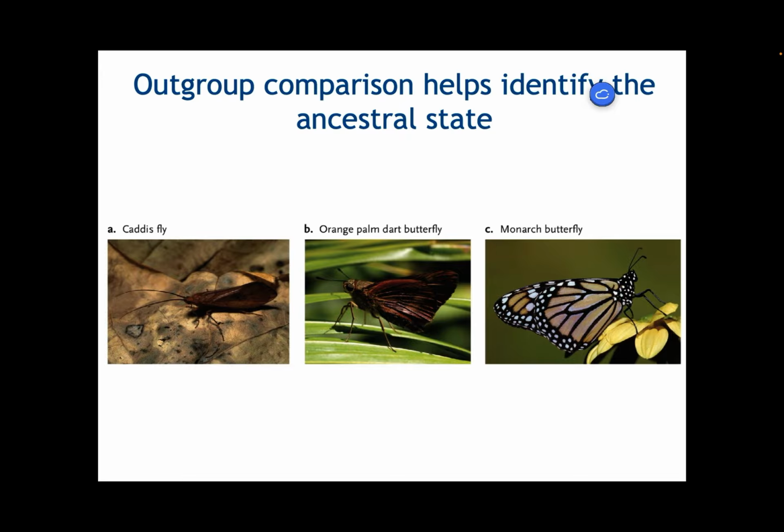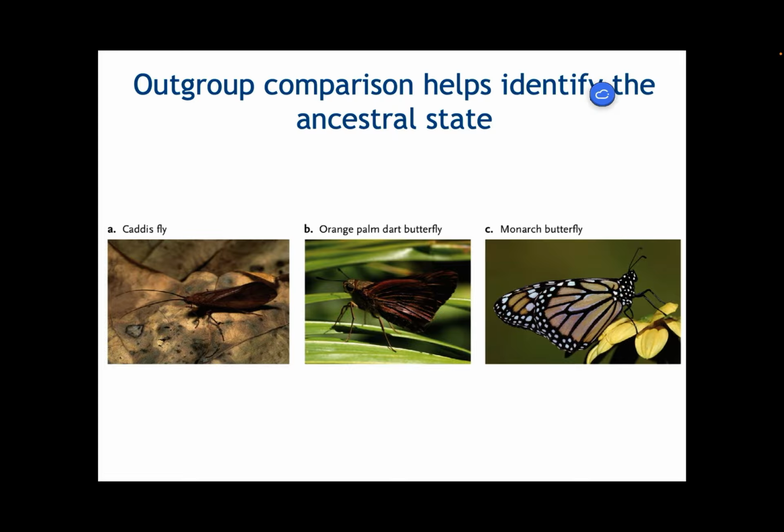It is possible that maybe 4 legs is the ancestral state, and at some point the lineage leading to caddisflies and other insects evolved an extra pair of legs. And then also independently, the lineage leading to orange palm dart butterflies evolved an extra pair of legs. But that is a more complicated explanation. That requires more things to happen. And we think that that is probably less likely.